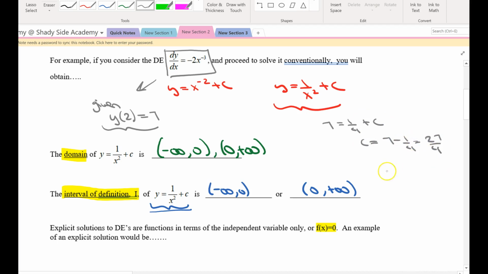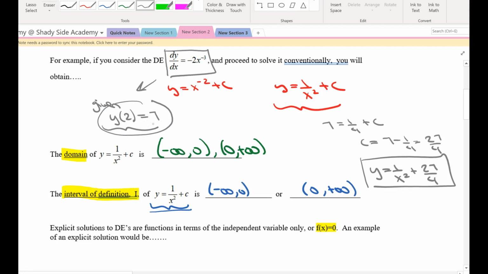So in a question like this, where you are given a particular point on the solution, I can find this single solution. If the question was then asking me for the interval of definition for this solution to the DiffyQ, the interval that I'm going to want to pick is the interval that contains this given point. So I would say here that the interval of definition would be the interval of x from 0 to positive infinity. Okay?